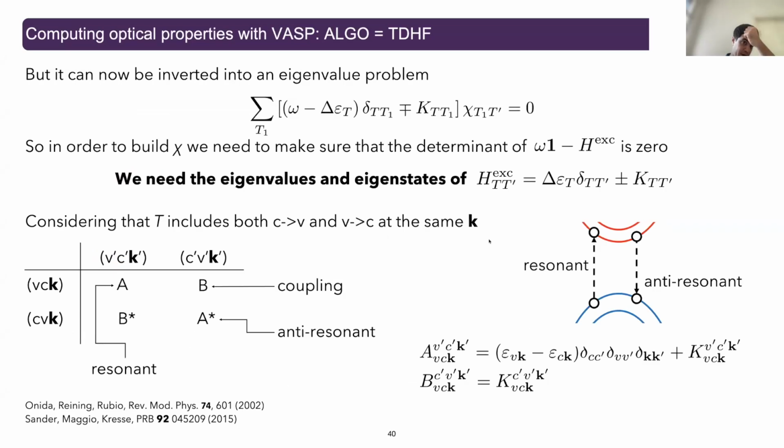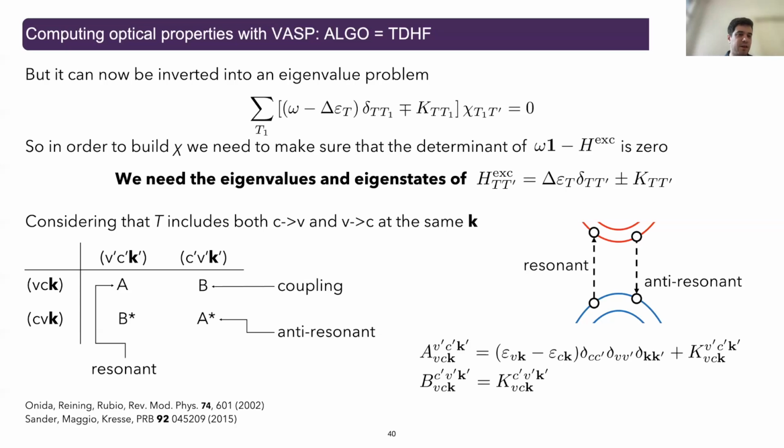And since it's a matrix equation, we can now invert it and arrive at an eigenvalue problem, where you have now this as equal to 0. And the consequence is that in order to build chi, we only need to make sure the determinant of omega minus this auxiliary excitonic Hamiltonian here is 0, which is the equivalent of determining the eigenvalues of this Hamiltonian that deals again with transitions from the resonant or anti-resonant case.